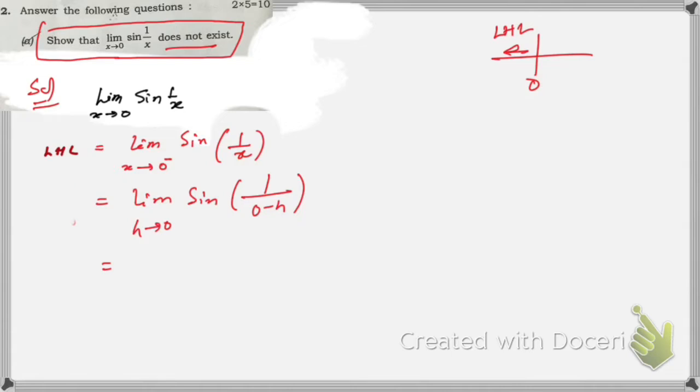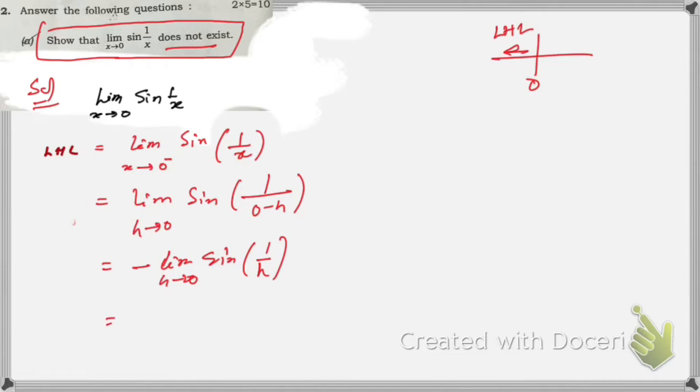We have discussed those things in the earlier paper also, how to find the left hand limit and right hand limit. So here we're gonna get minus limit h tends to 0 sine 1 by h, because 1 by 0 minus h is gonna give you 1 by minus h, and this minus is written outside. Okay, so hope you have understood this.